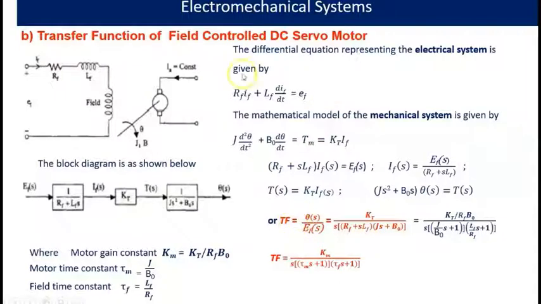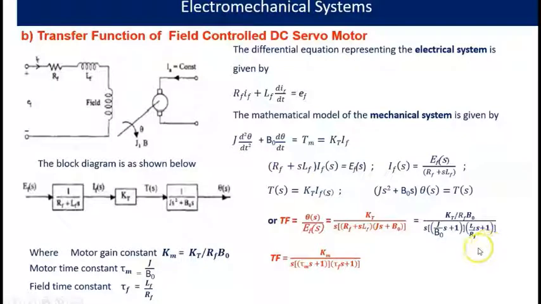The transfer function of a field controlled DC servo motor is KT divided by S into (RF plus SLF) into (JS plus B0). Now take RF outside from this expression and B0 from here. So in the numerator it will become KT divided by RF B0, divided by S into (J by B0 S plus 1) and (LF by RF S plus 1).